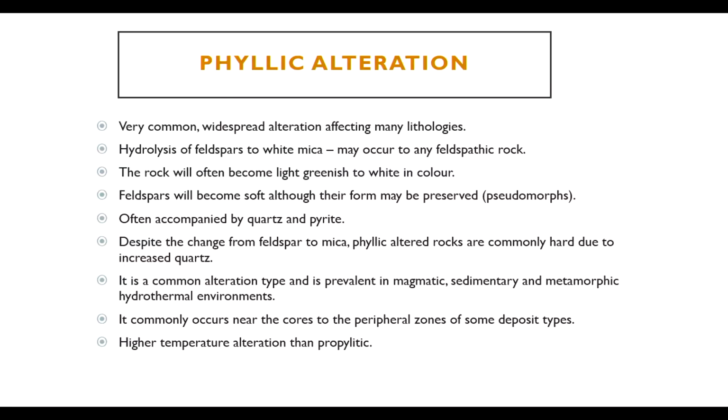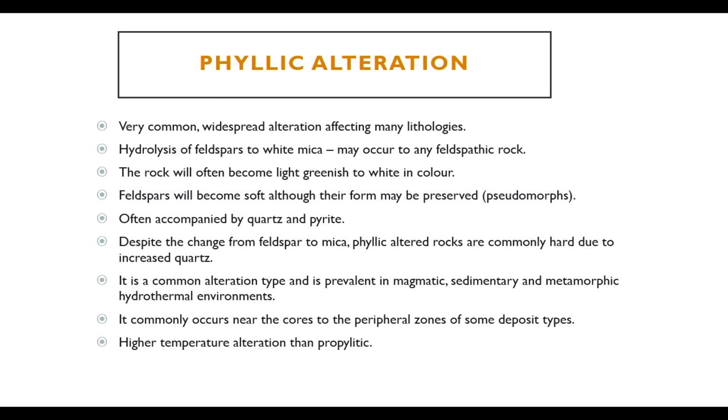Okay, phyllic alteration. For people in the class, we had a look at an example of this last week. This is when we usually get muscovite or sericite, fine white mica. So this is quite common. It's related to the process we discussed last week, the hydrolysis of plagioclase to form white mica.